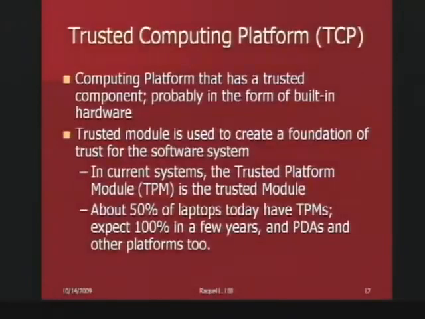Although the trusted platform modules have been available in your laptops and home computing devices for a while. So your home machines, and most oftentimes that's where you'll find them, in your large gaming machines that are being designed for home use. And so it's very understandable why people are very suspicious of this technology.